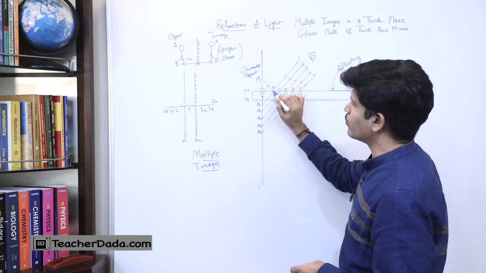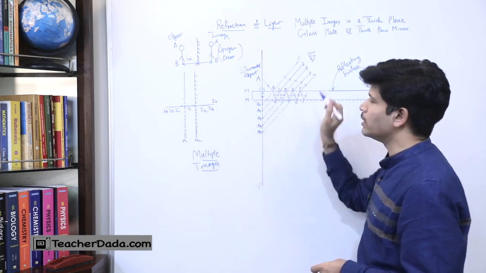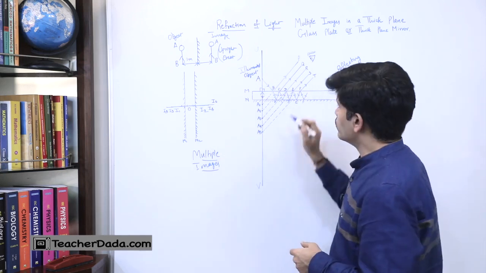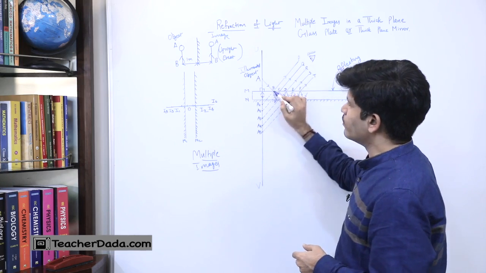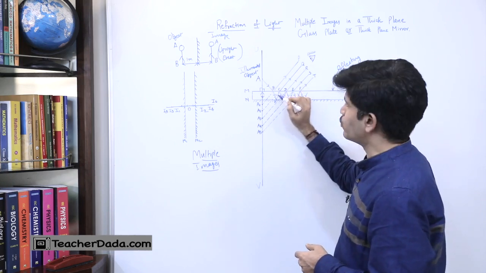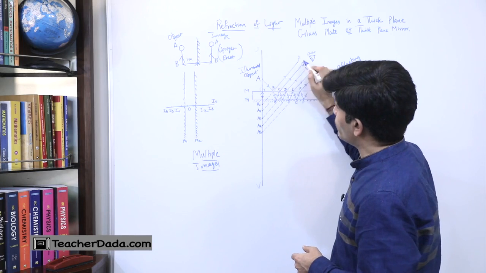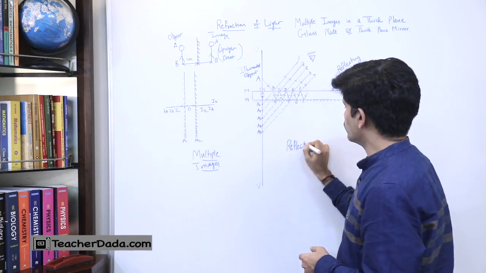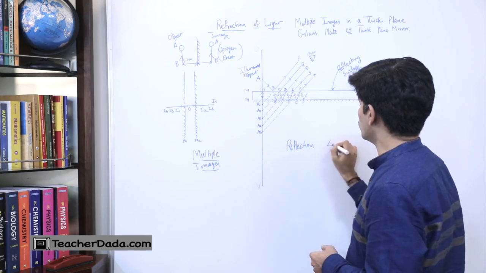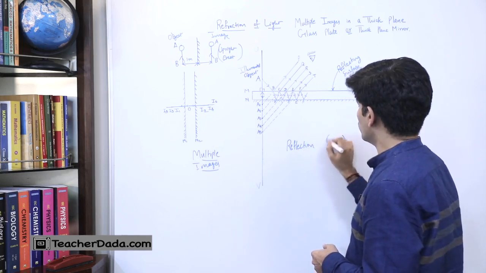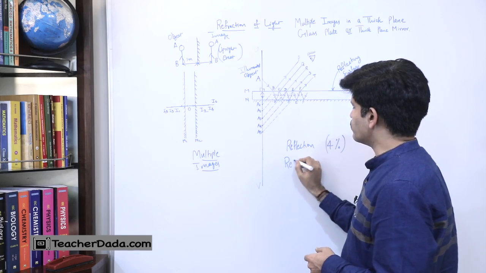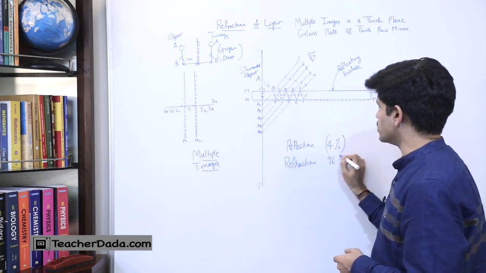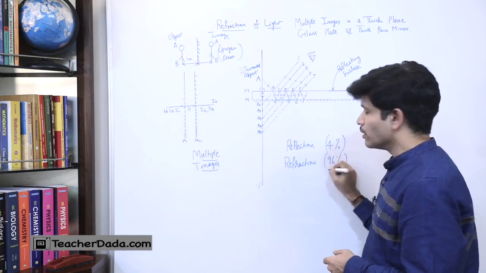Now at point B, two phenomena will take place: one will be reflection and one will be refraction. Reflection will be only about 4%, and the other 96% will be refraction.